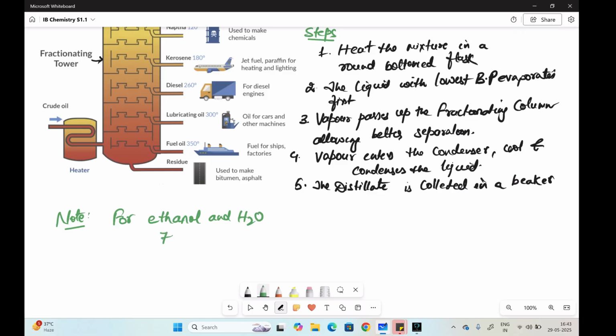So ethanol has 78 degrees Celsius boiling point, water has 100 degrees boiling point. So heat the mixture to 78 degrees Celsius first. Why? To distill the ethanol. And then later on, no need to put it at 100 because already you have removed it. Use an electric heater, best way.